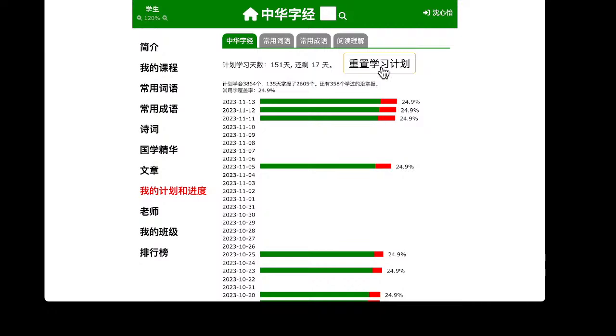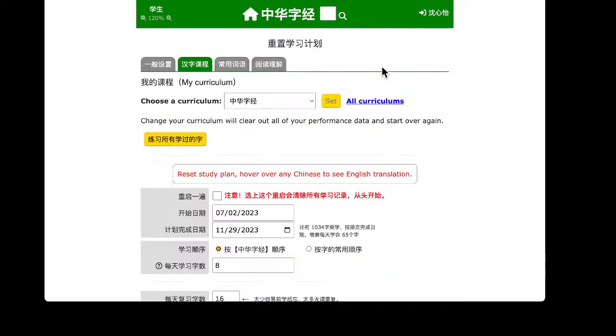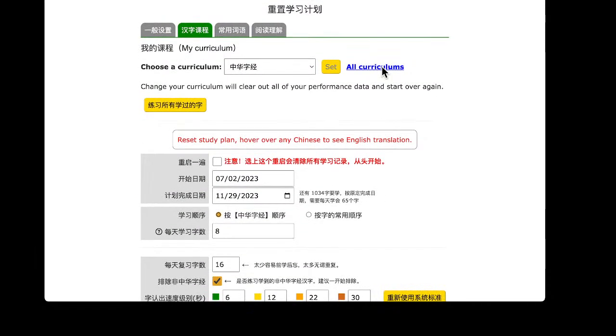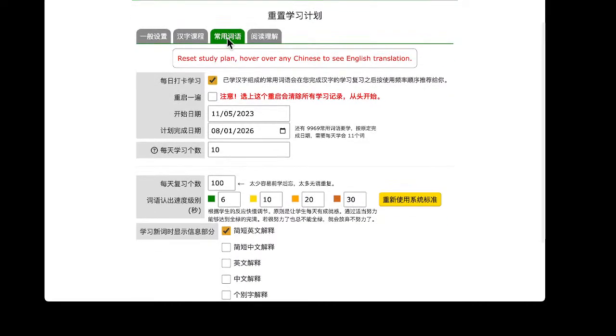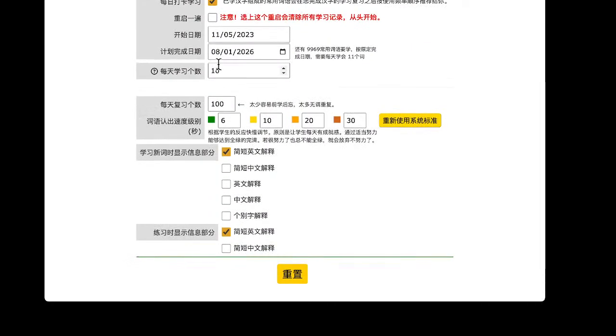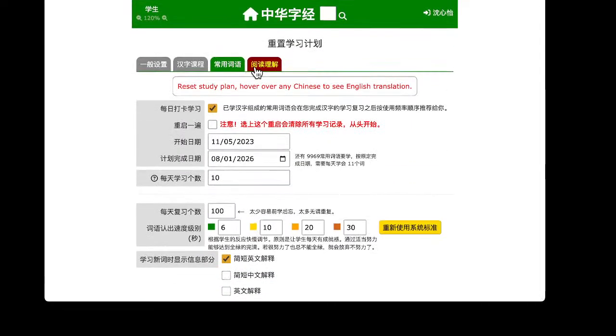You click this button. Customize your learning plan. You can pick and choose. And if you go in here, 常用词语 is the commonly used words and phrases. There you go. And you can choose whether or not you want to do that.